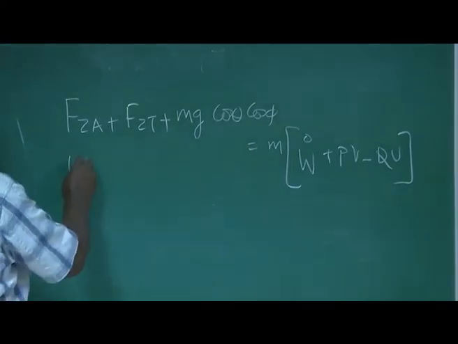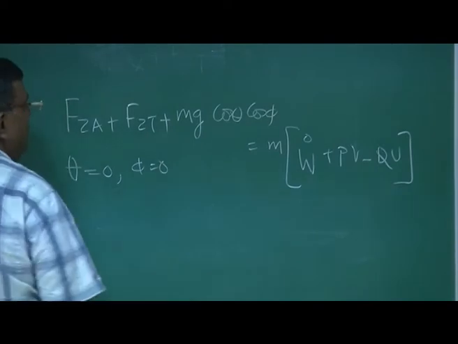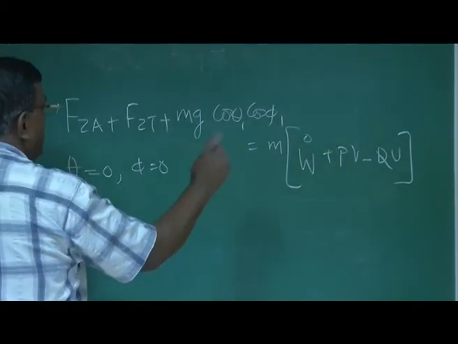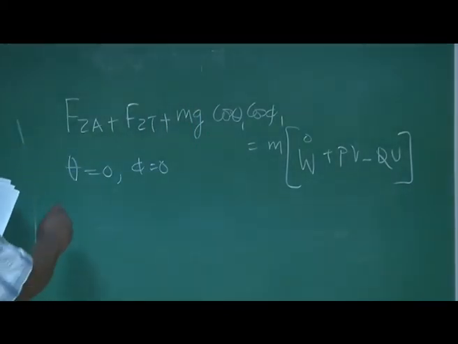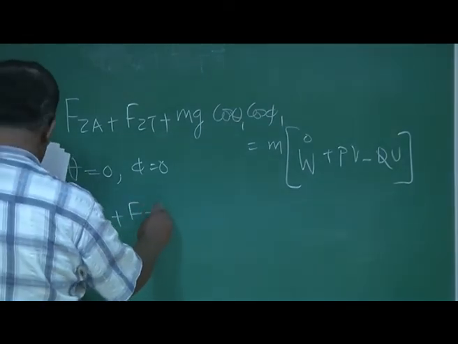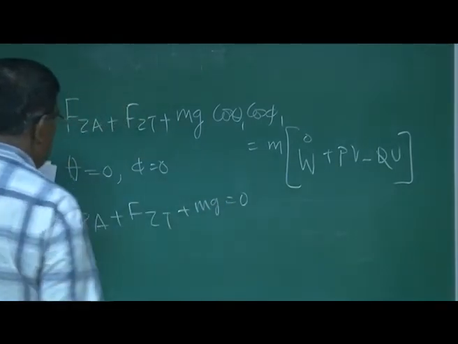Now see here, if I put theta equal to 0 and phi equal to 0, to be more precise, I should use the notation 1, steady state, right? Okay, all should be 1. Then what will happen? FZA plus FZT plus mg equal to 0.